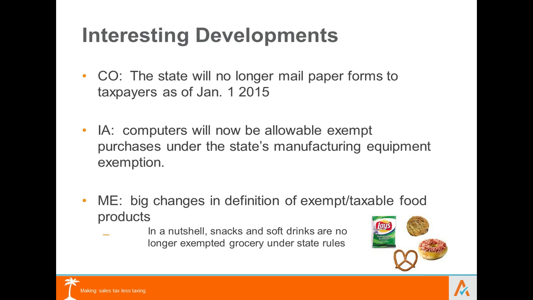But really, manufacturing has really changed a lot in the last couple decades, and computers and software and robotics are really owning the day. So Iowa has made the determination that when a manufacturer or an industrial facility makes purchases of computer hardware or software to be used in the manufacturing process, that equipment and that software is exempt based on the manufacturing exemption.